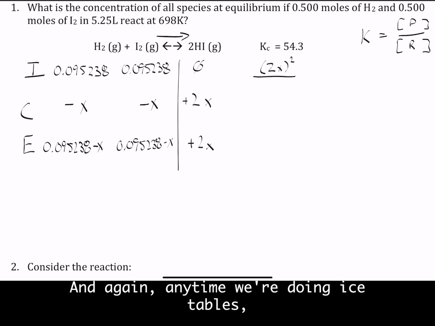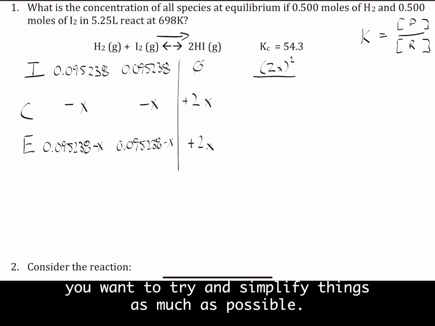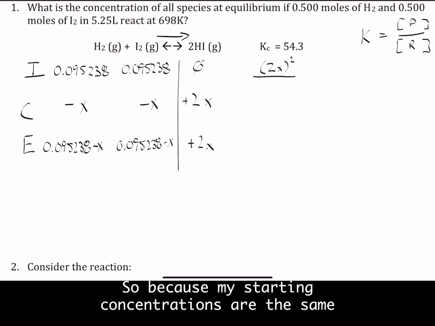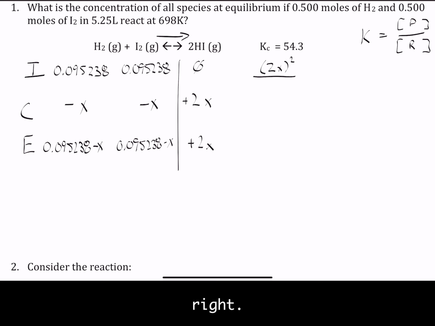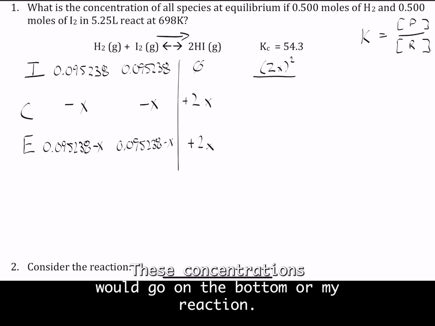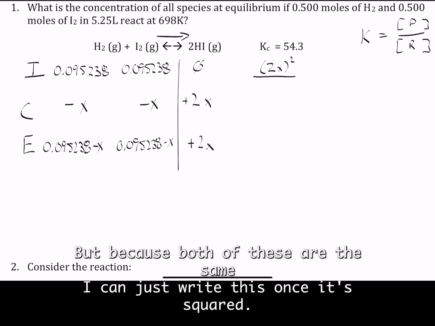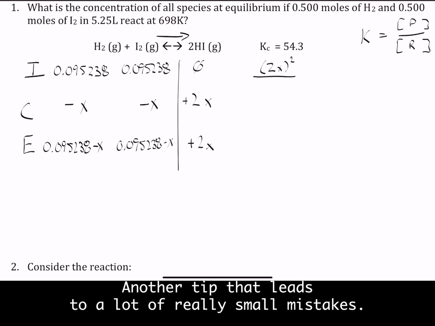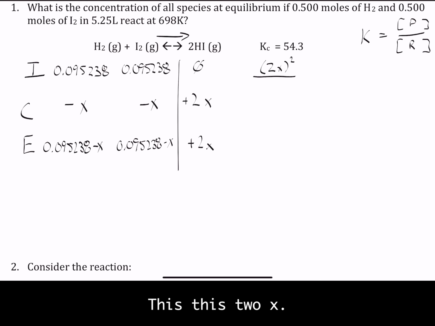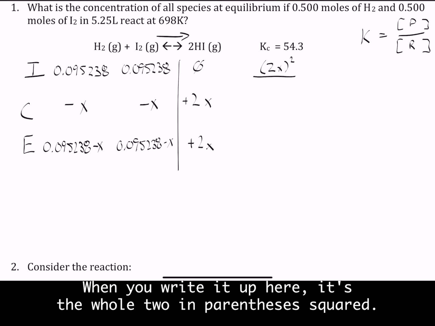And again, anytime we're doing ice tables, you want to try and simplify things as much as possible. Because my starting concentrations are the same, these concentrations would go on the bottom, my reactant concentrations. But because both of these are the same, I can just write this once and square it. Another tip that leads to a lot of really small mistakes is this 2x, when you write it up here, it's the whole 2x in parentheses squared.